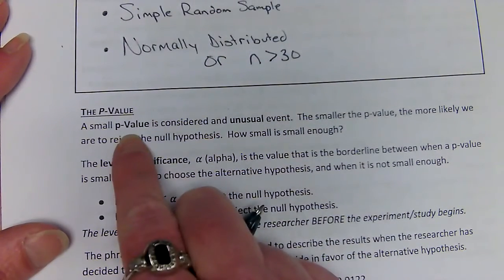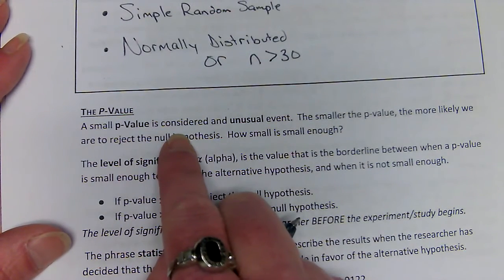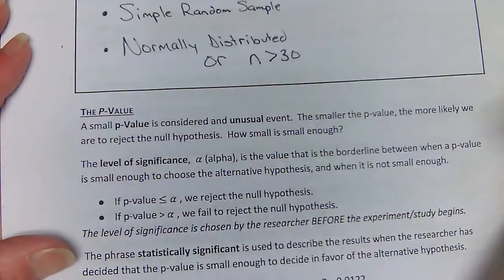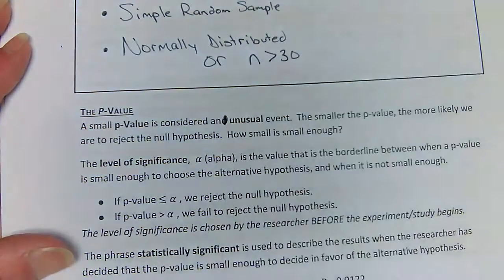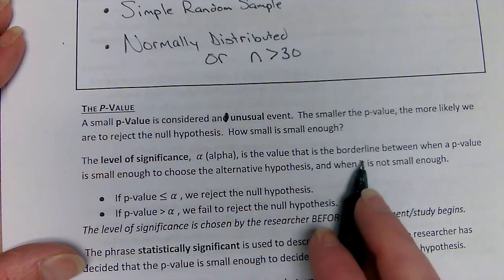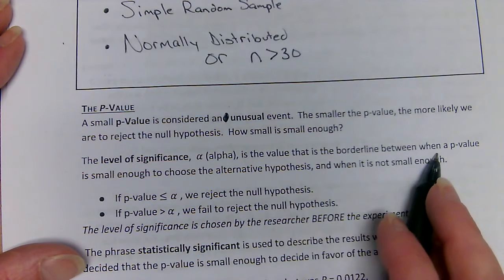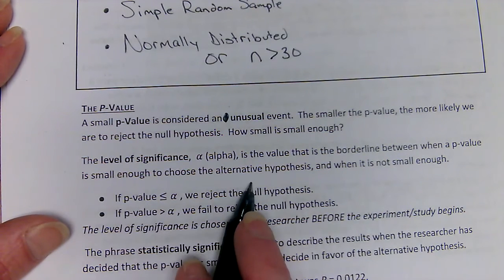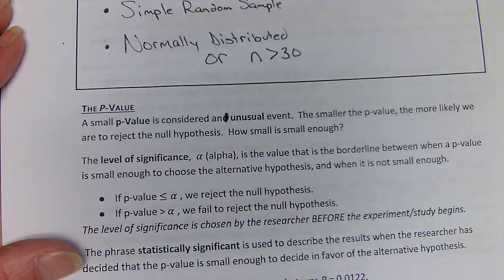Now, a p-value. A small p-value is considered an unusual event. The smaller the p-value, the more likely we are to reject the null hypothesis. But how small is going to be small enough? The level of significance is a value that is the borderline between when a p-value is small enough to choose the alternate hypothesis and when it is not small enough.